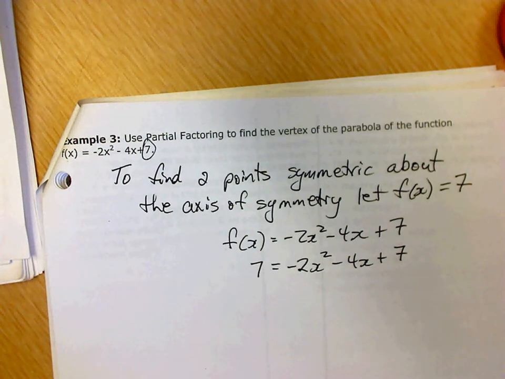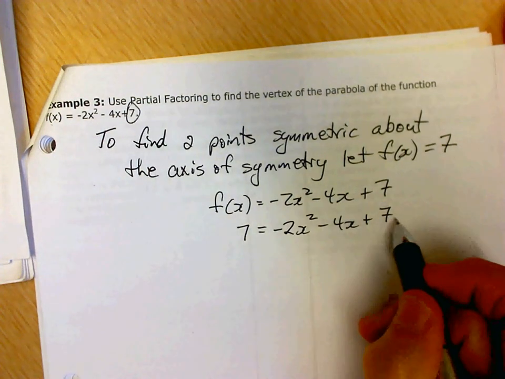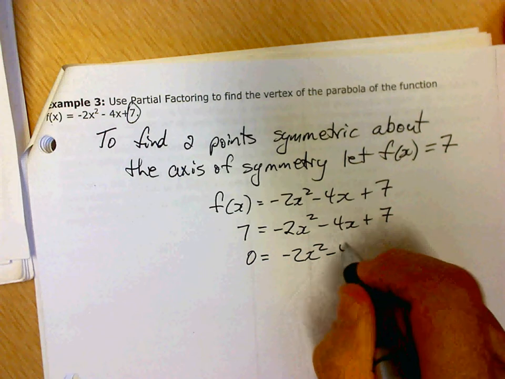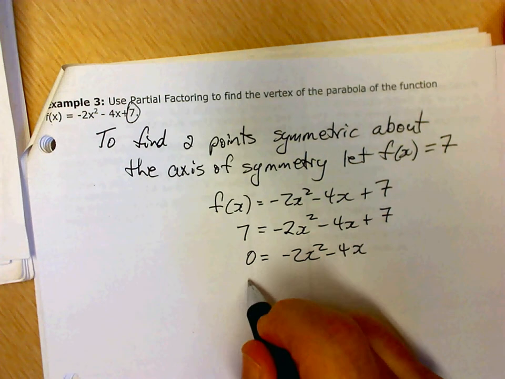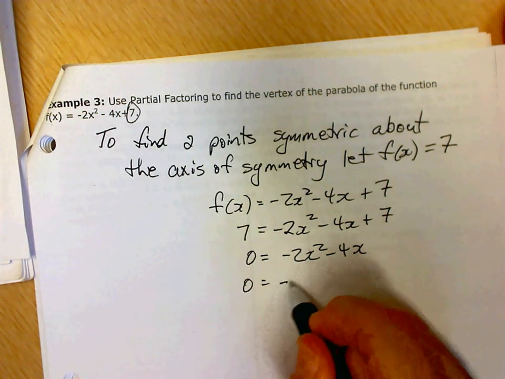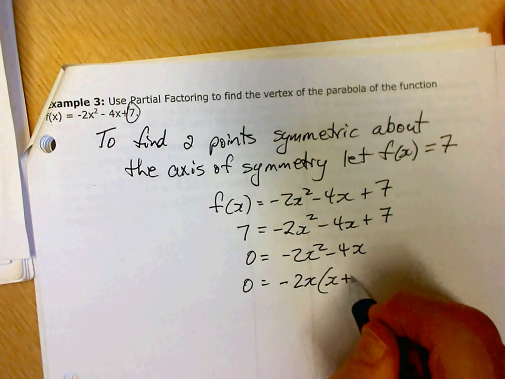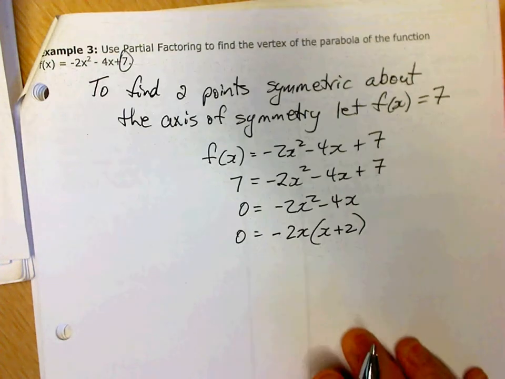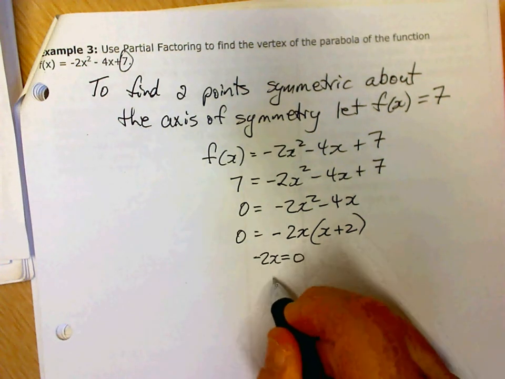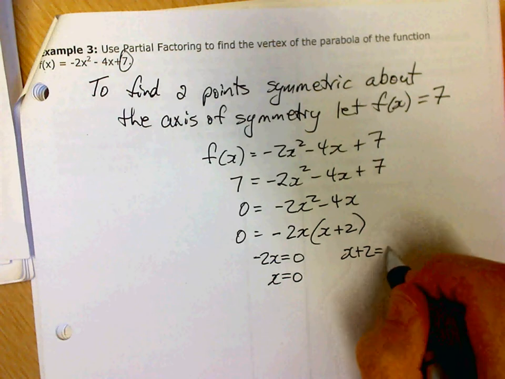Subtract 7 from both sides. We'll factor. Our greatest common factor is negative 2x. So negative 2x equals 0, or x equals 0. x plus 2 equals 0, or in other words, x equals negative 2.